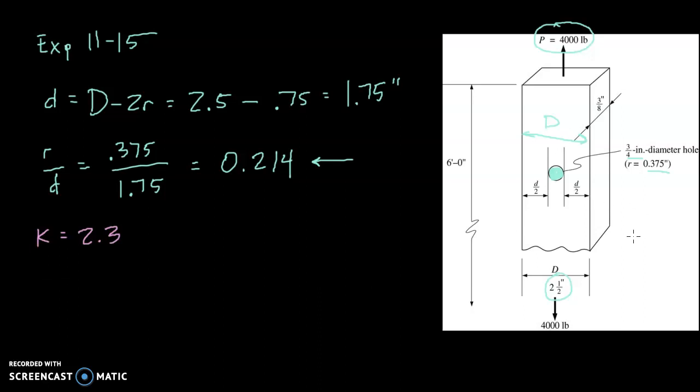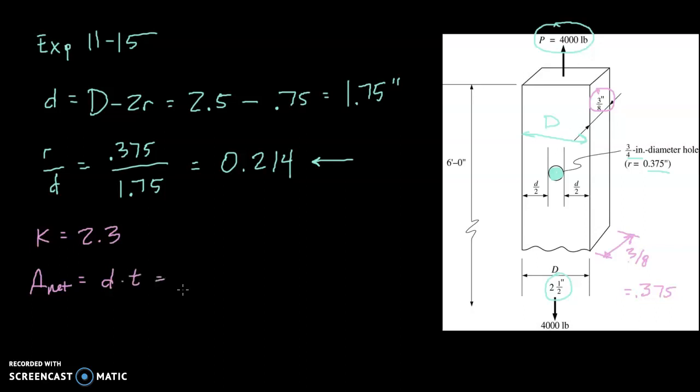So the depth of this block the whole time has not been affected. This depth is still 3/8 of an inch. You can see that's given up here, or 0.375. So the net area is equal to the net width times the thickness.